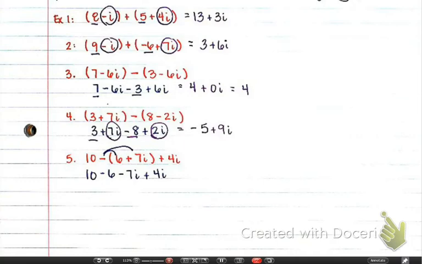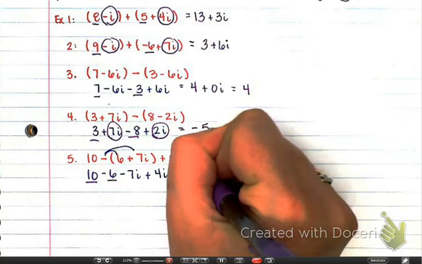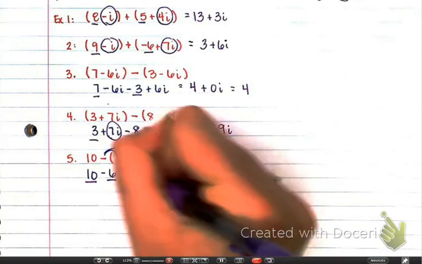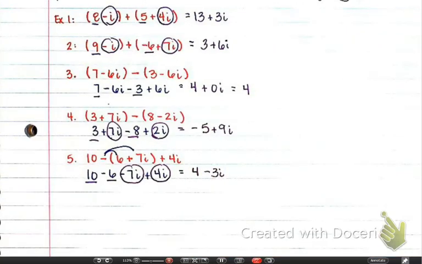Does that look any different? No. What am I going to combine? 10 minus 6, which is 4. Negative 7I plus 4I is a negative 3I.